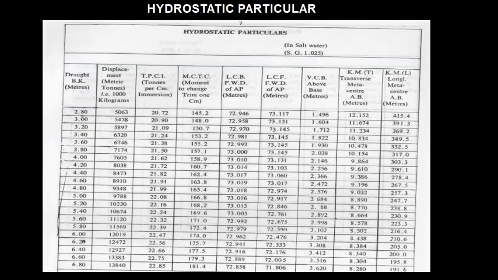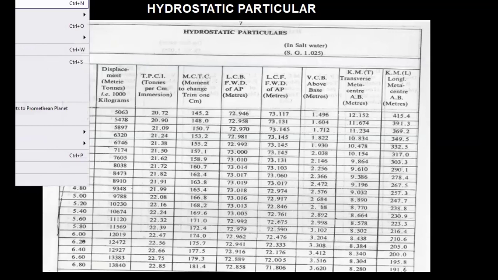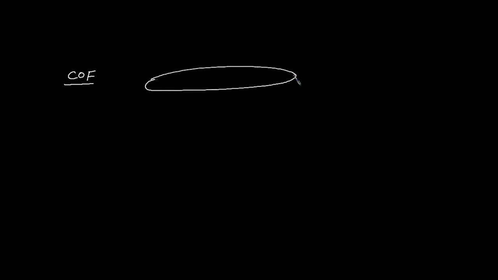Let's define it further. COF, center of flotation, is a very important thing. Suppose your vessel is like this, and I'm not talking about box shape. I am talking about ship shape.